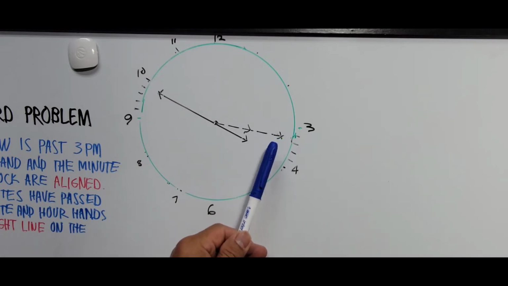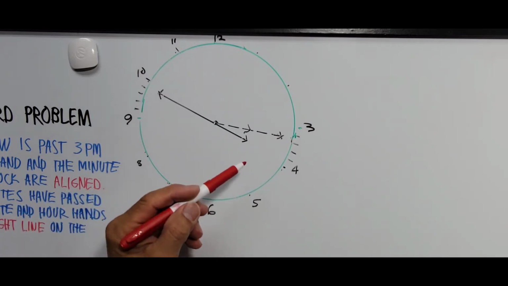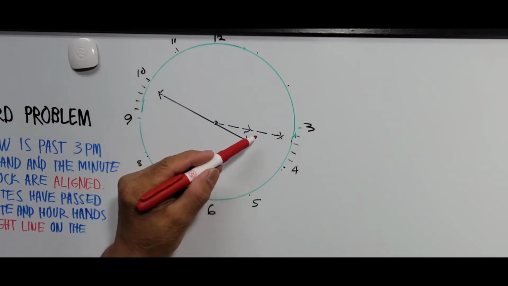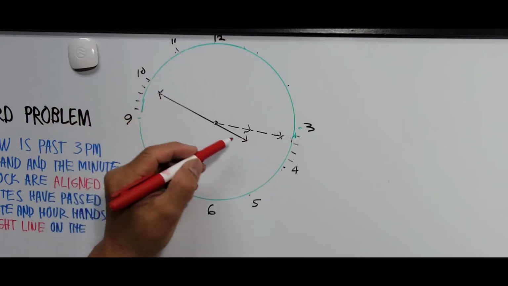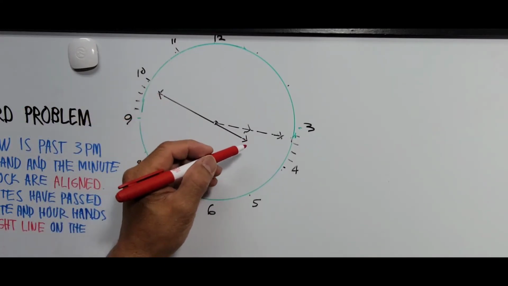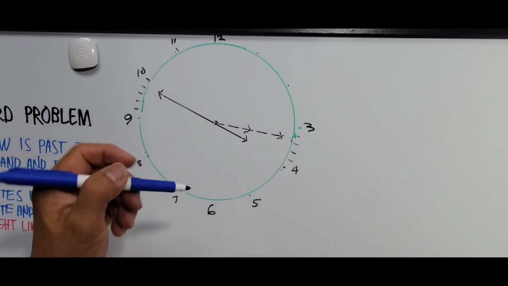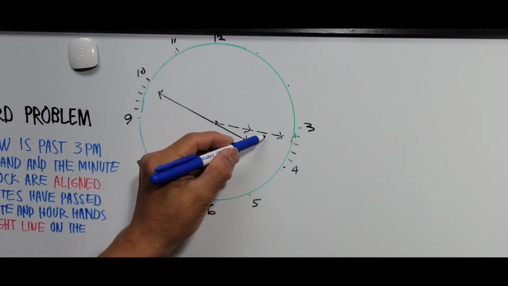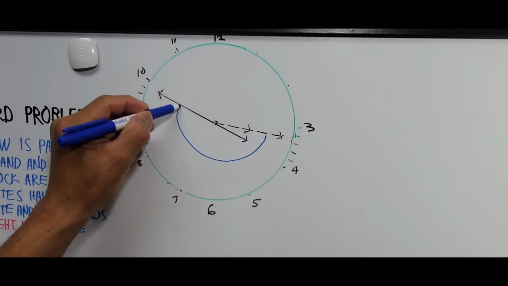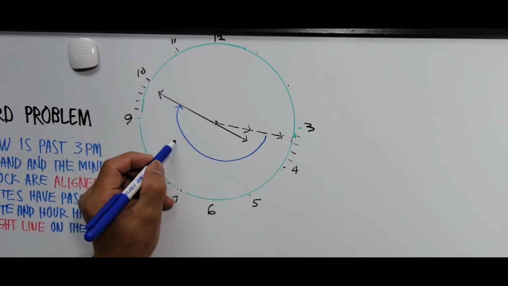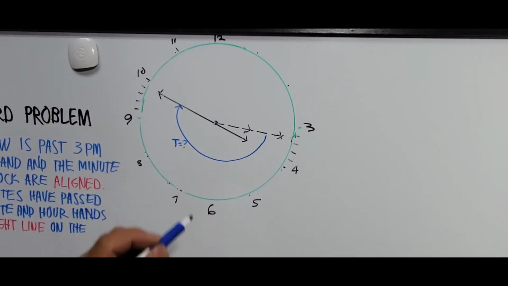What's being asked is the time starting from when the minute hand and hour hand are aligned up to the time when these hands are on a straight line. So we're looking for this time right here, from here to here. That's the time being asked.